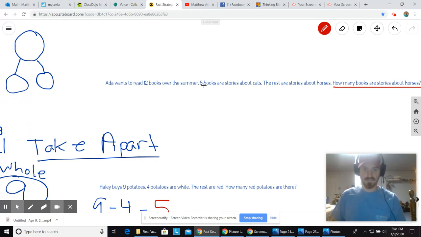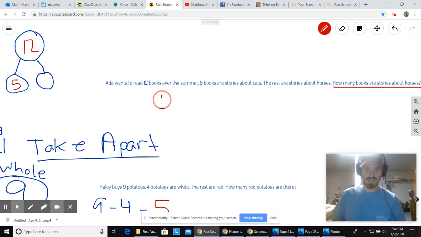And it looks like 5 of those 12 books are about cats. And then the rest of the books are about horses. So the 12 she wants to read would be our whole. And 5 of those 12, so part of those 12 books, are going to be about cats. We've got to figure out how many are about horses.